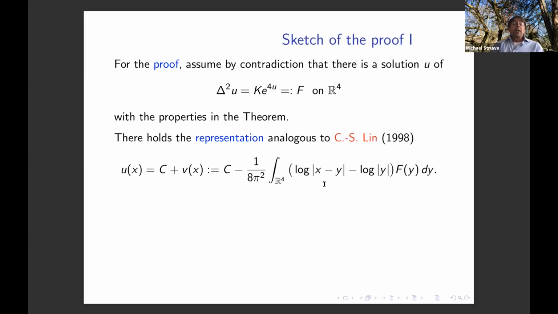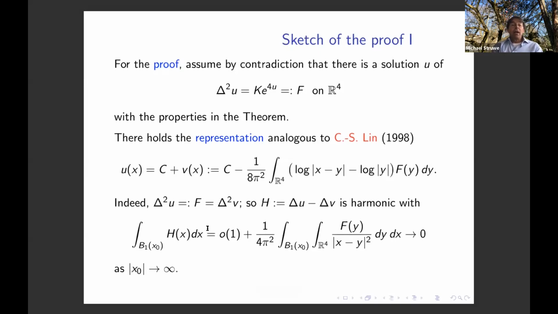Namely, we can take the fundamental solution to the bilaplacian and form this expression, which then defines a solution to the equation bilaplacian v equal f. So then we have two solutions, u and v, solving bilaplacian u equal f equal bilaplacian v, which means that the difference Laplacian u minus Laplacian v is a harmonic function.